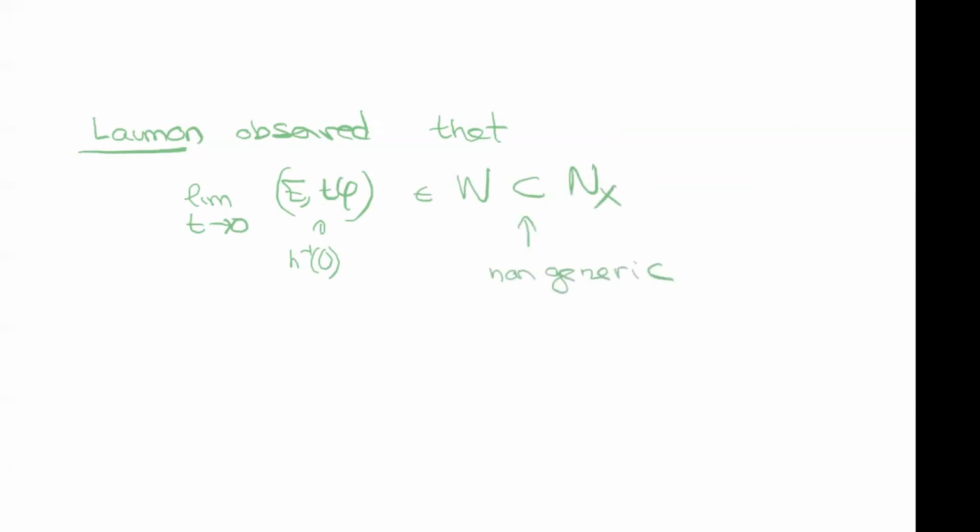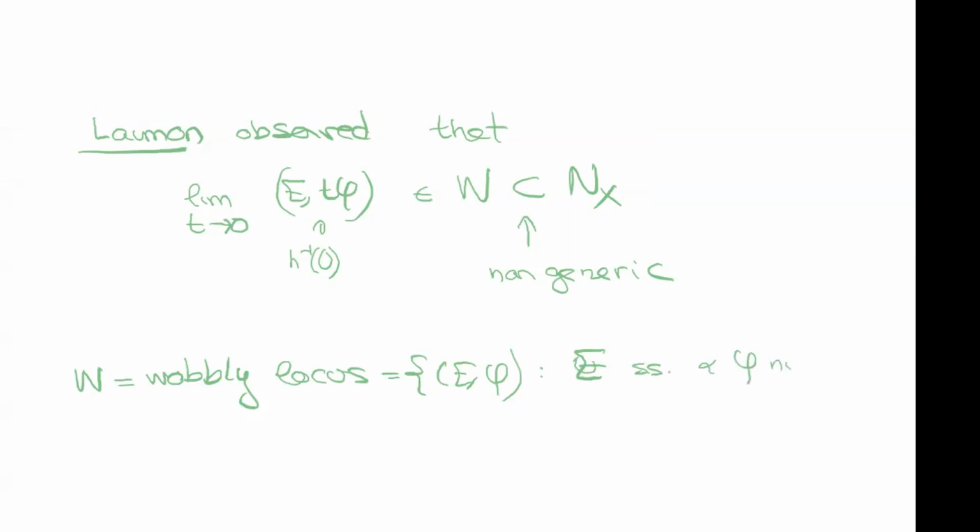And this is precisely the wobbly locus. Which consists precisely of Higgs bundles, sorry, with E semi-stable and phi nilpotent. Sorry, this is wrong. It lives inside the moduli space. So these are semi-stable bundles such that there exists a non-zero nilpotent Higgs field.